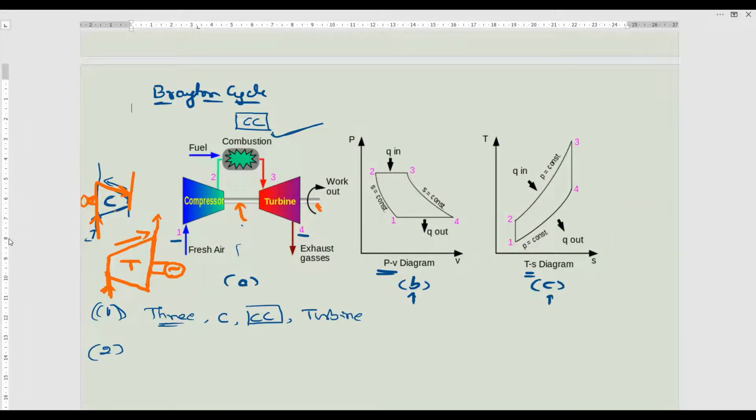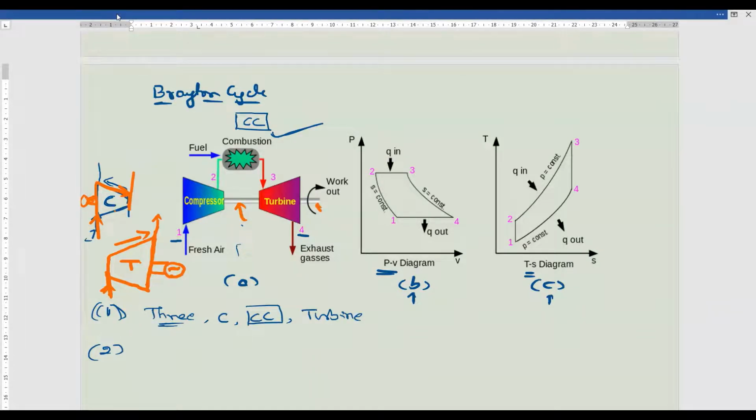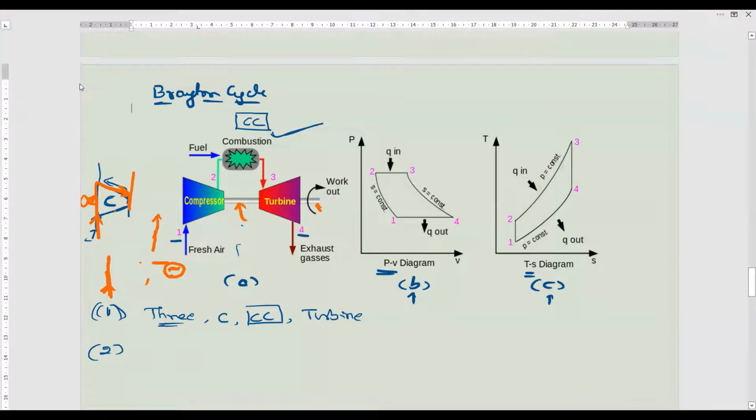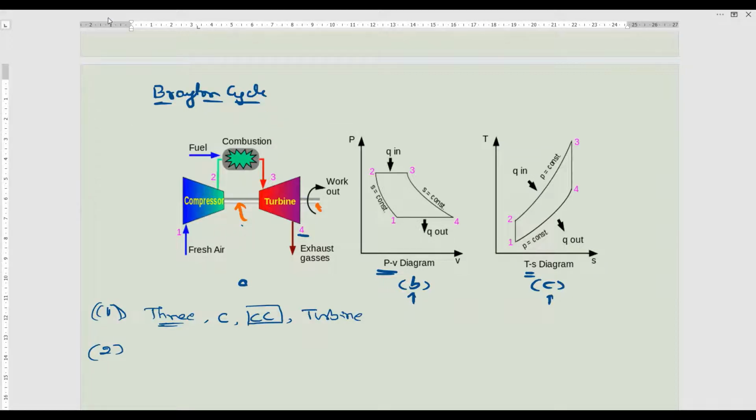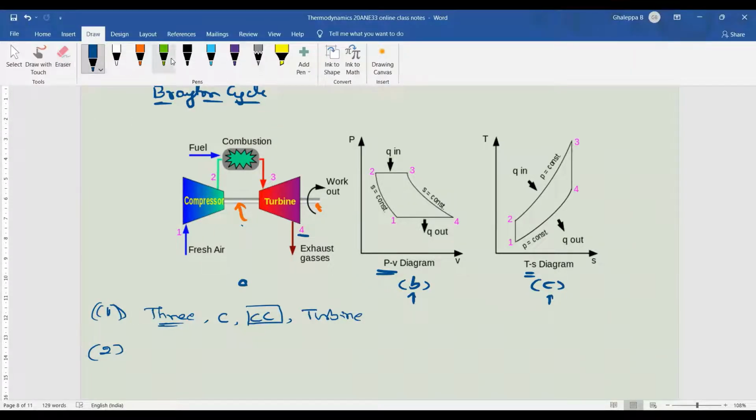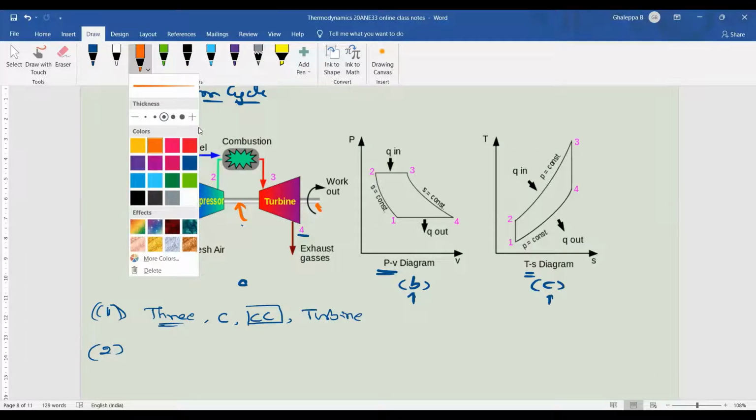Now we'll understand the working principle of the gas power plant. Let me erase all these things. First, you need to understand the beginning of the operation, the beginning of the working of the gas power plant.